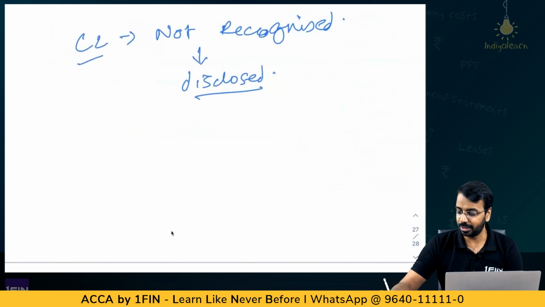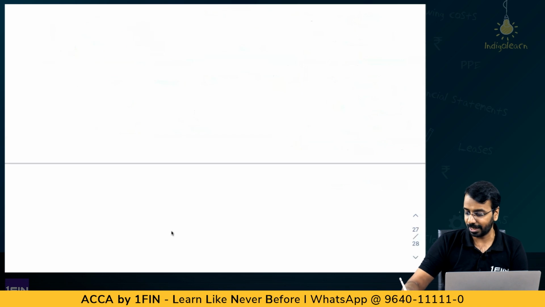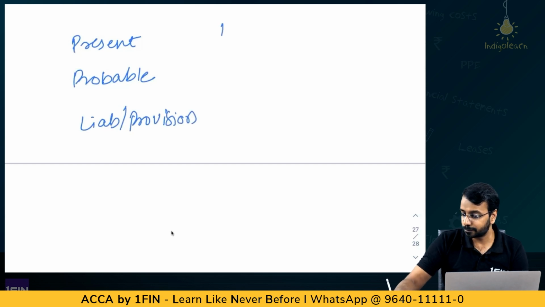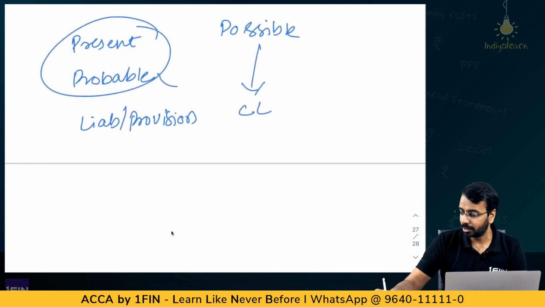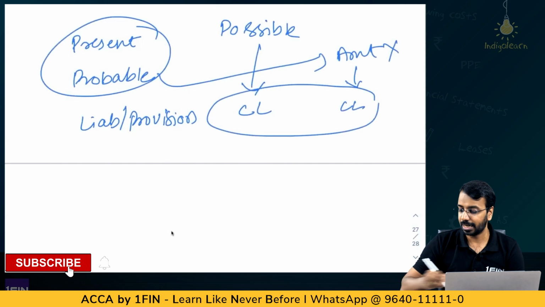So just a quick recap: if it is present and probable, then it is a liability or a provision. If it is possible, then it is a contingent liability. If it is present and probable, but the amount cannot be determined, then also it is a contingent liability.